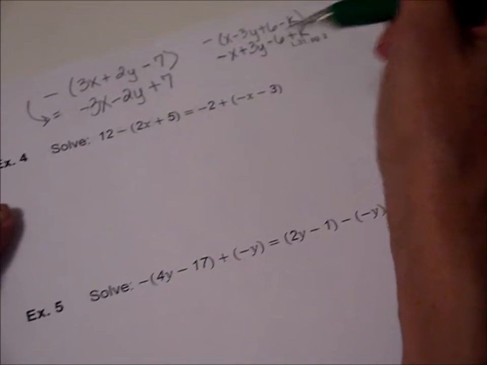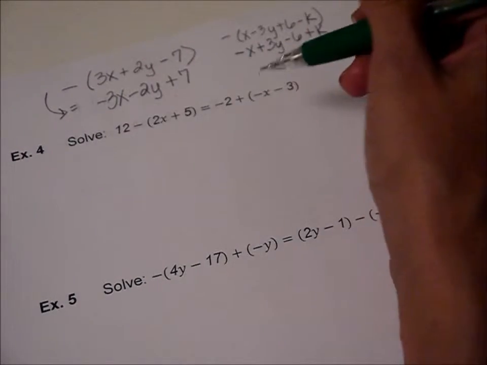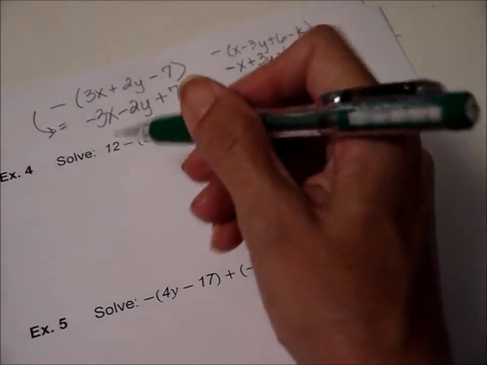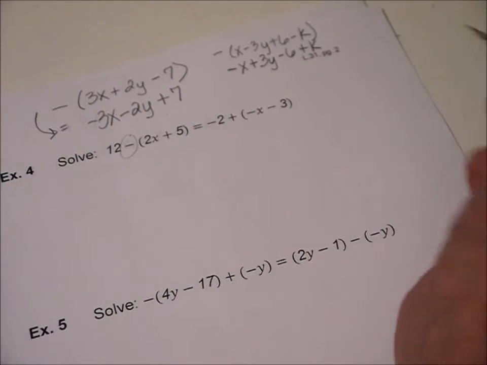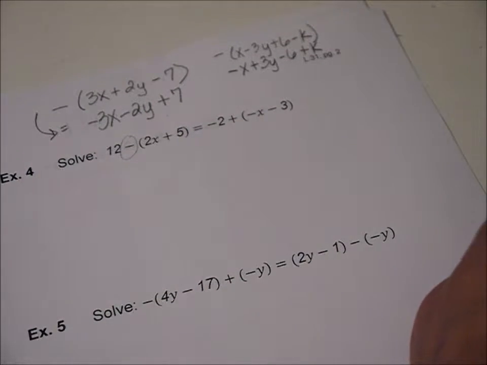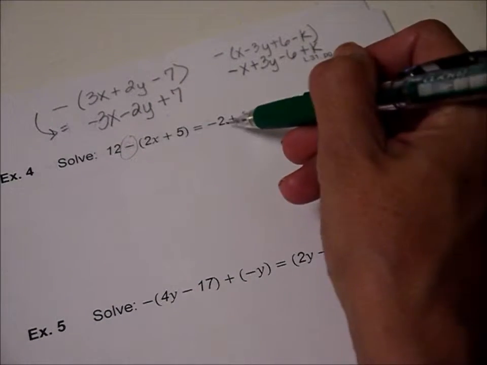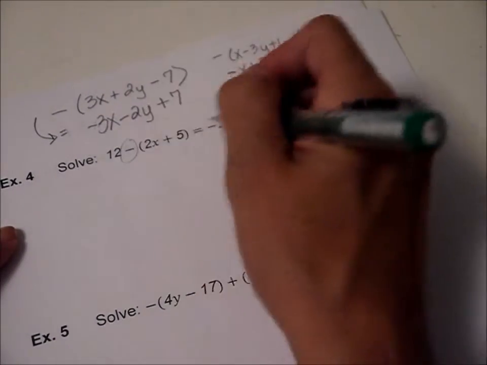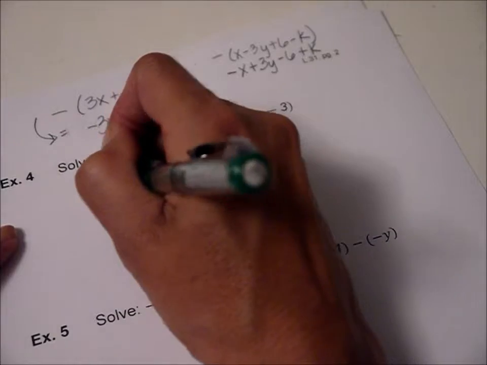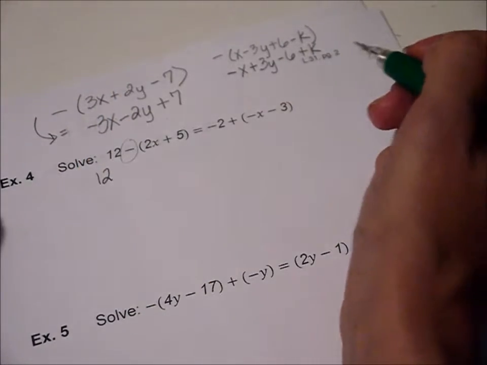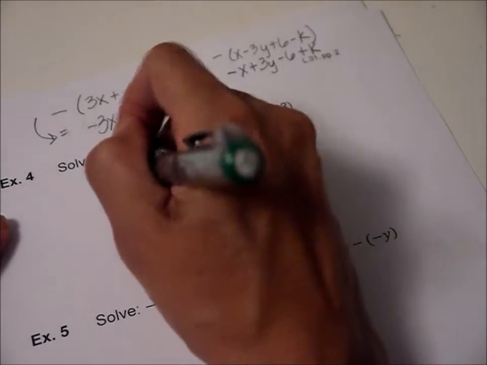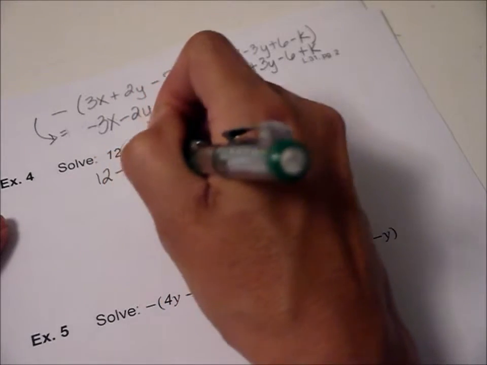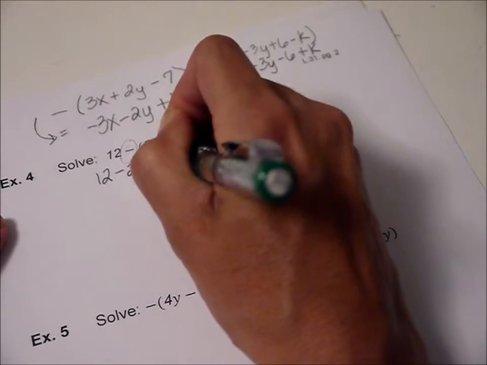So let's go ahead and do that in a problem. And here we see, this is where we're going to use it. There's a negative in front of parentheses. Nowhere else is there a negative sign in front of parentheses, just right there. So we're going to eliminate parentheses first, and in order to do that, we get 12 minus 2x minus 5.